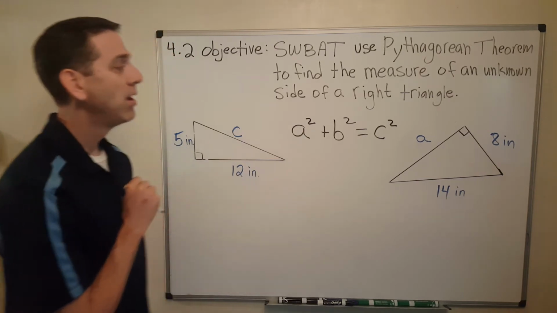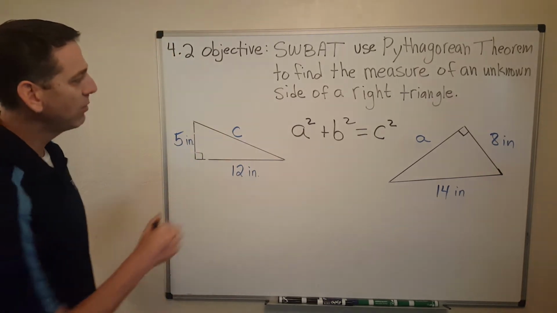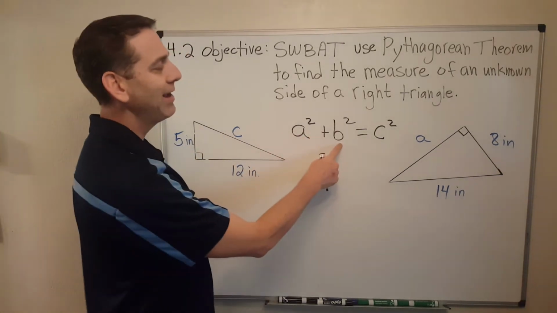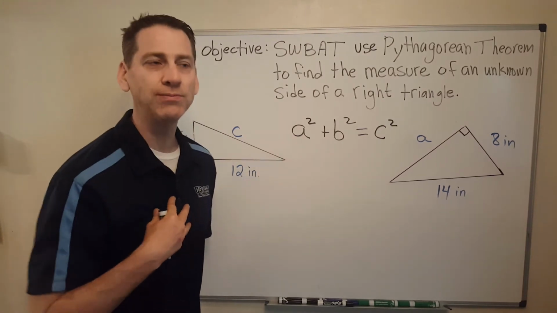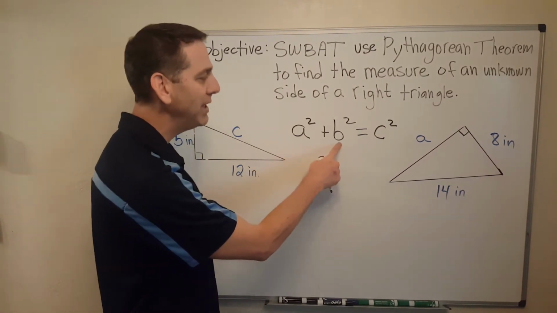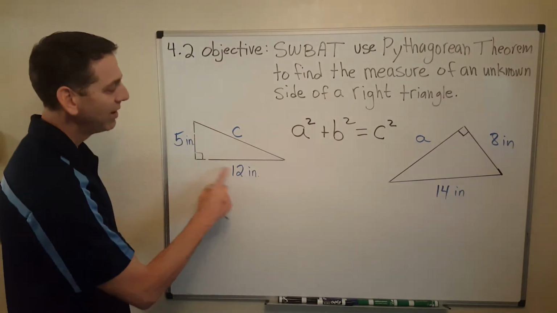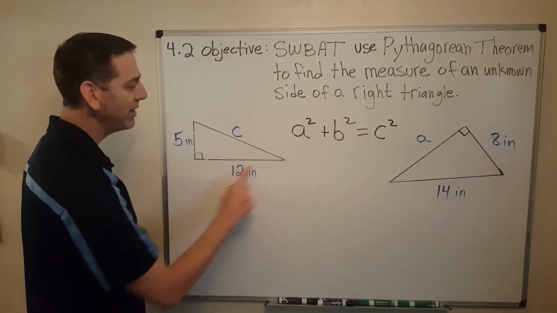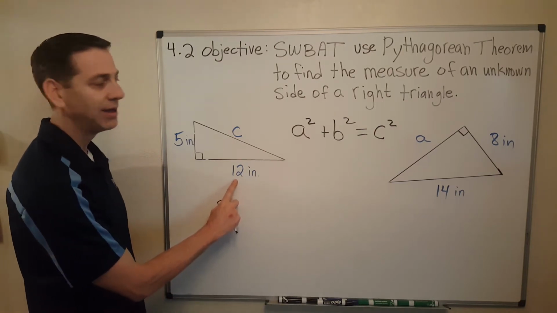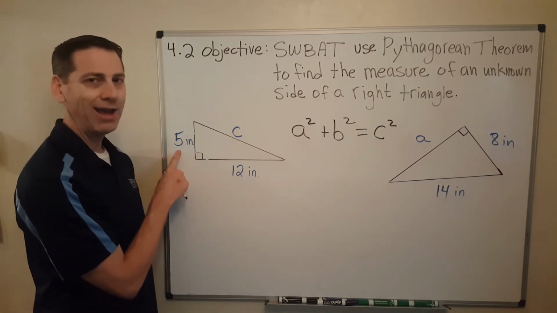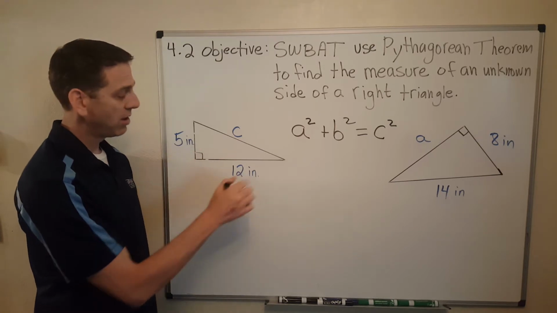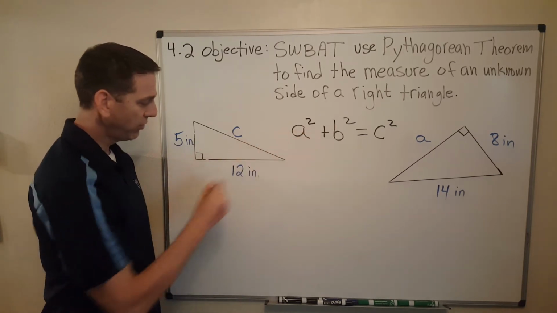All right? So let's take a look at this triangle here. Okay, we got a squared plus b squared. Just my personal preference, I like to use b as the base leg. All right, so if I'm looking at this triangle here, my base leg is going to be 12 inches. So that means I'm going to let a be 5. All right, so I'm going to use this theorem.